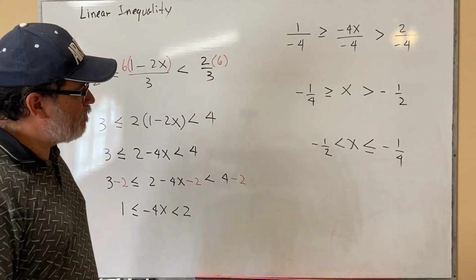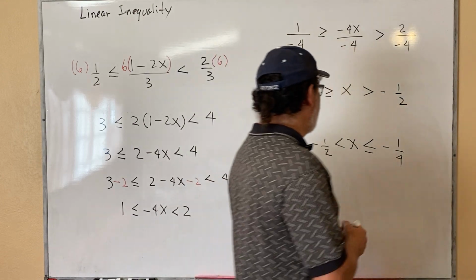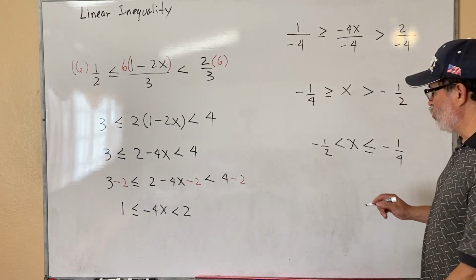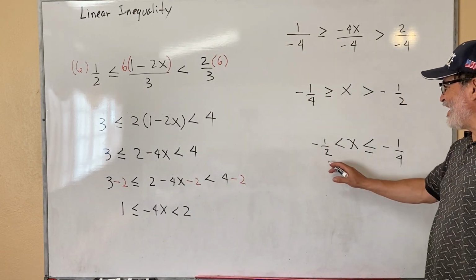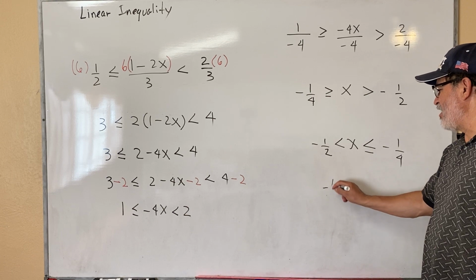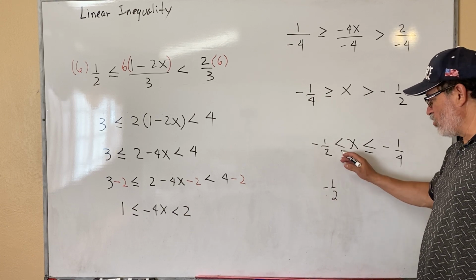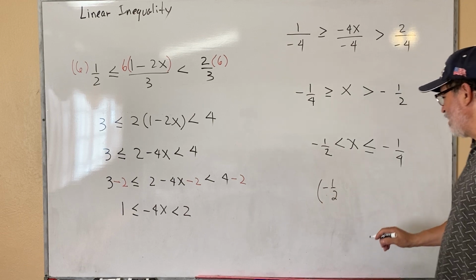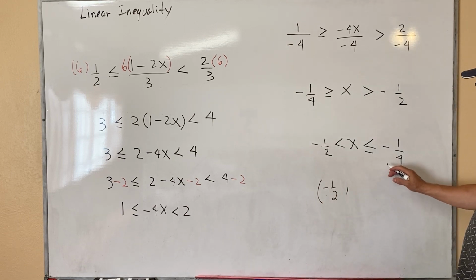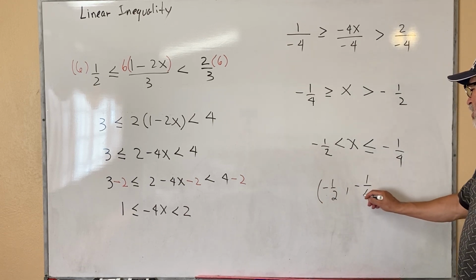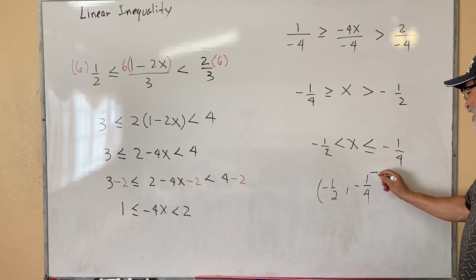Don't forget that. And now we have the interval notation. Interval notation from negative 1/2, no equal, excluding, all the way up to negative 1/4. Oh, there's equal, including.